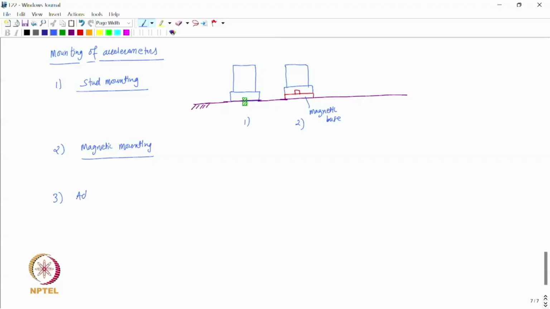Now we have adhesive mounting. So, in adhesive mounting a thin layer of adhesive is used to glue the accelerometer to the surface. So, this is the thin layer of the adhesive like this, and then we have the accelerometer like this.